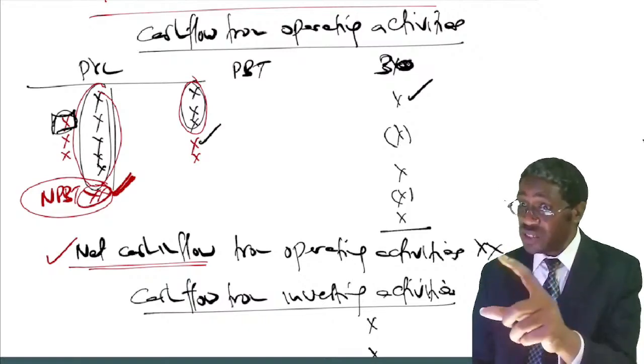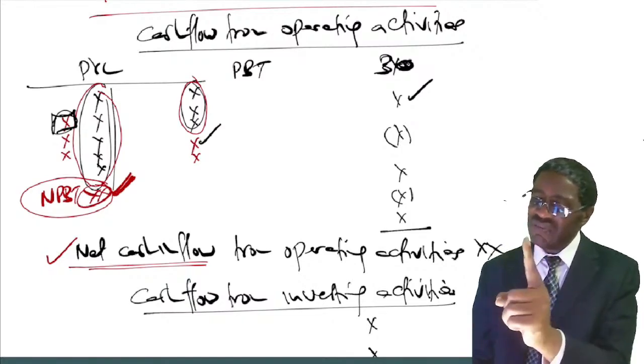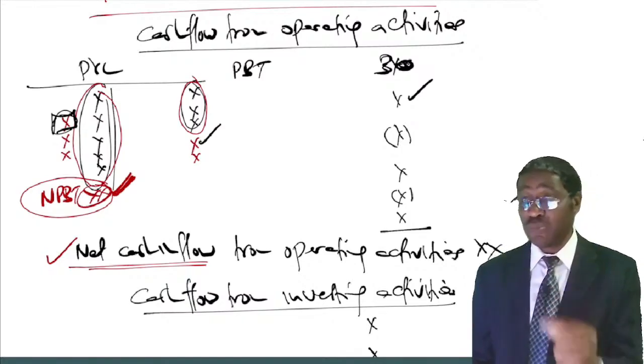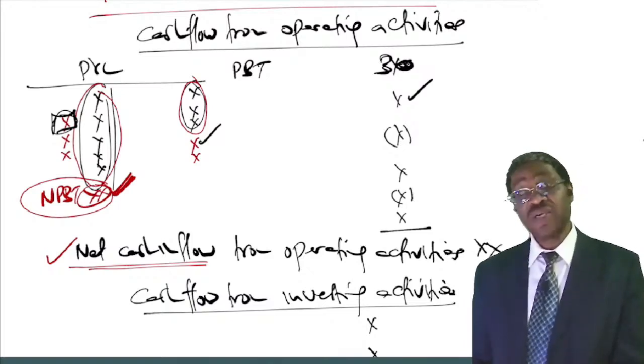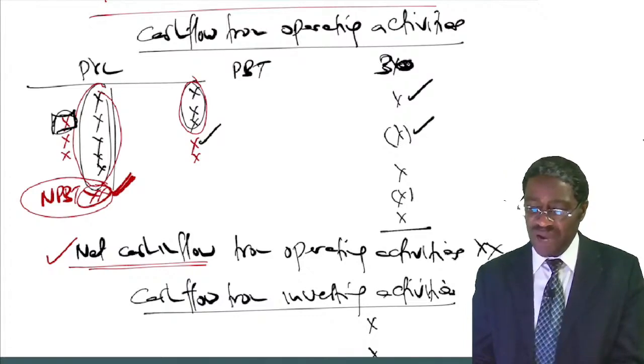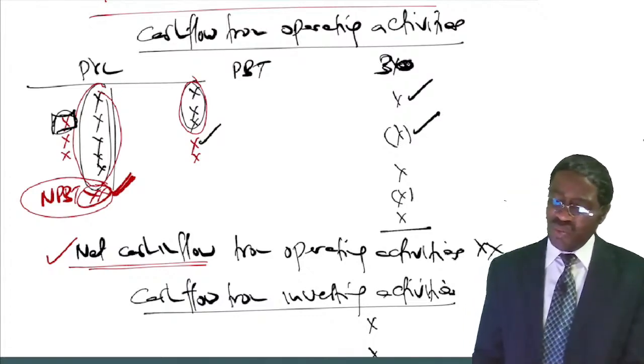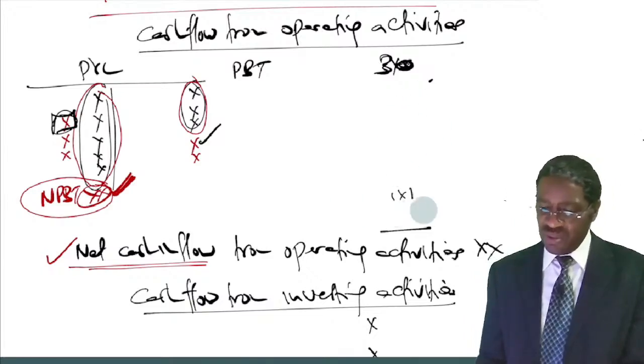Then you realize that by crediting the P&L account with that item, you overcasted your profit. So to correct that profit, you will be required to come and deduct. Okay? Good. That is how we want to identify those items.